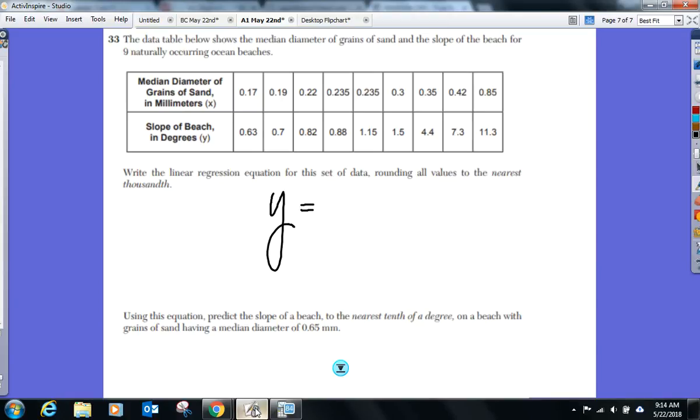Oh, 7, yeah. So 17.159x minus 2.47. I have 6. Yeah, 6. Okay. If you're not getting that, make sure you're going to number 4 on Stat Calculate. And if you're still not getting it, make sure the numbers are typed in right.